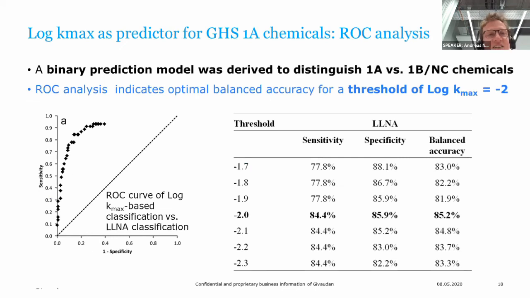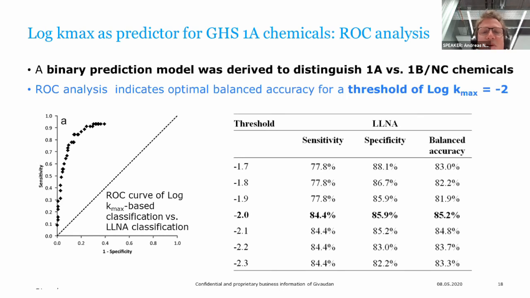And we also tested the whole database of 180 chemicals with this assay, and then did a receiver operator curve analysis to check what would be a threshold. I may need to say that there's a fixed threshold for the LLNA result to discriminate 1A from 1B chemicals. So we just needed a threshold which best reflects the threshold currently used in the LLNA. By chance, in the LLNA it's 2% that is the threshold, and here we have a log kmax of -2.